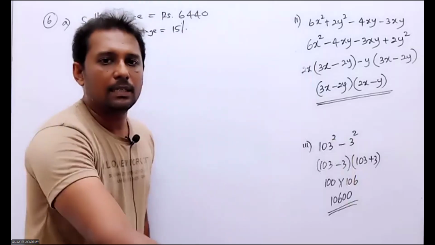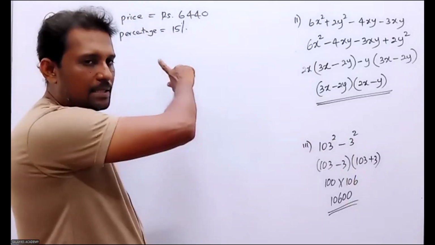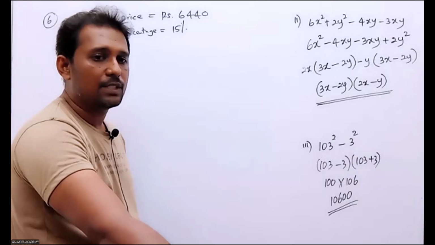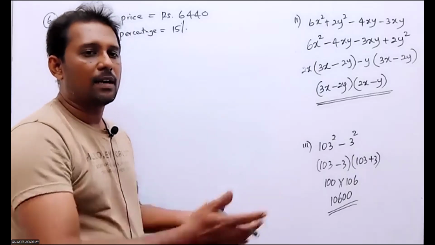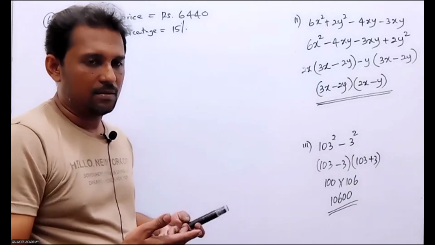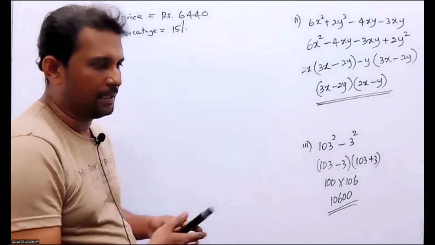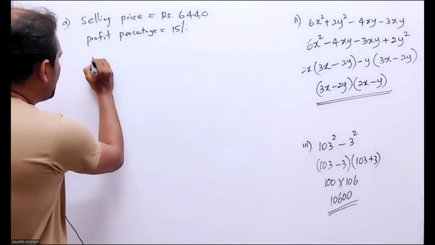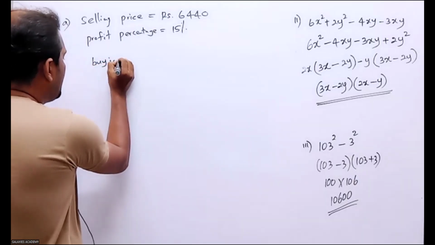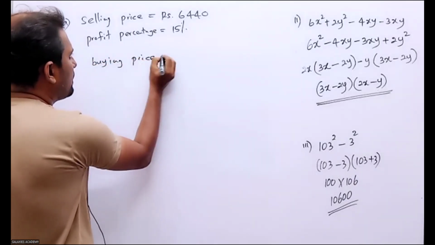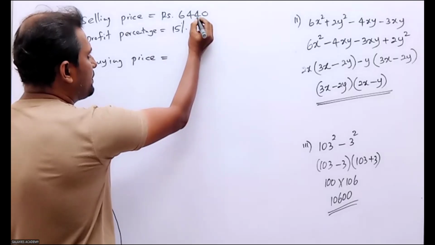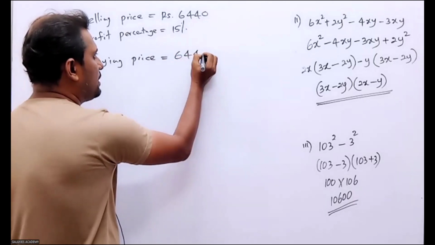Here the selling price is given, no? Selling price means which price? 115, right? The price of 115. Then what do you have to do to find the buying price? This one is the selling price, okay? 6,440.